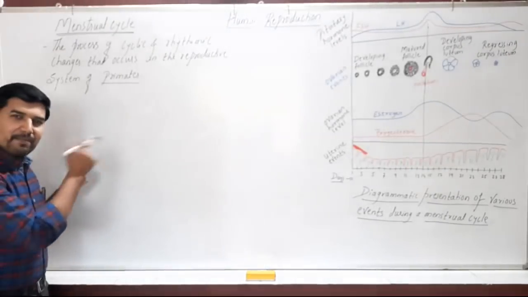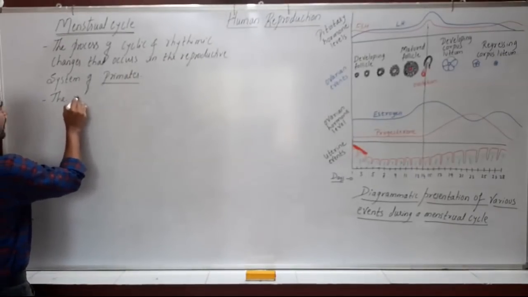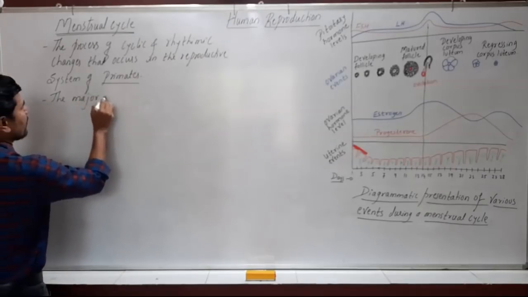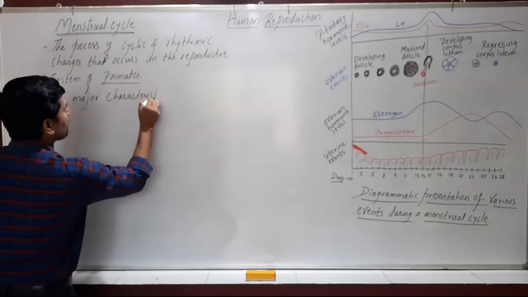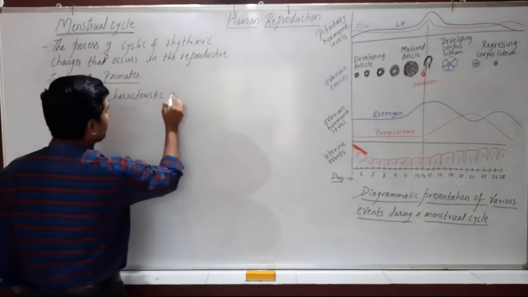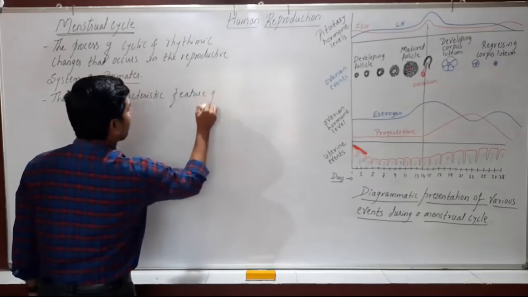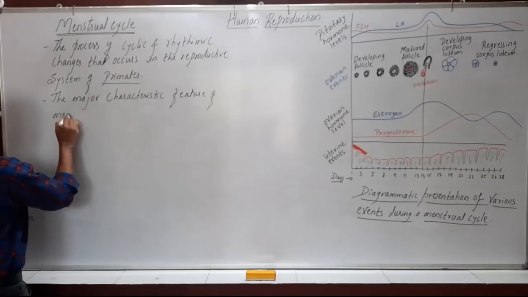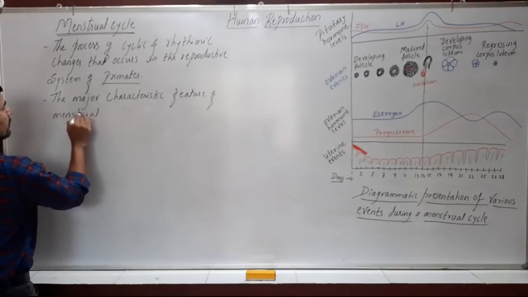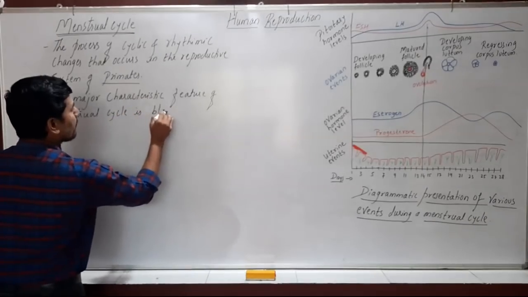The major characteristic feature of a menstrual cycle is bleeding.